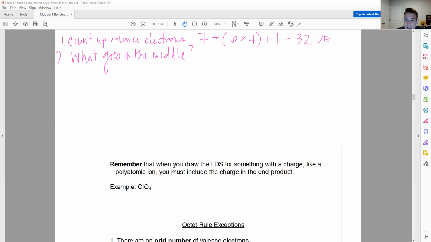For this compound, ClO4 -1, it should be easy because there's only one chlorine and that's going to be in the middle. If it's not that, it's going to be the most electronegative element.